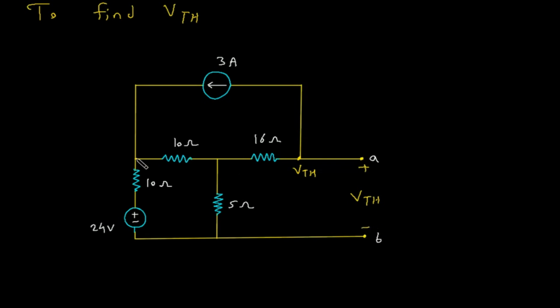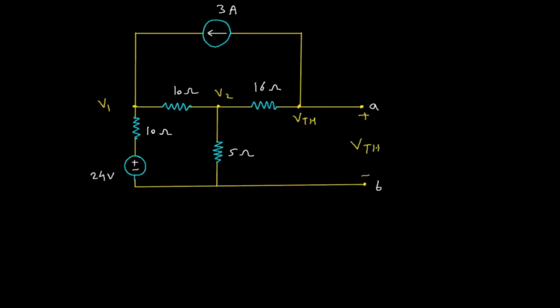Let's assume this is node V1, this is node V2 and this is node VTH. We will use nodal analysis here to find VTH. We will apply KCL at node V1.